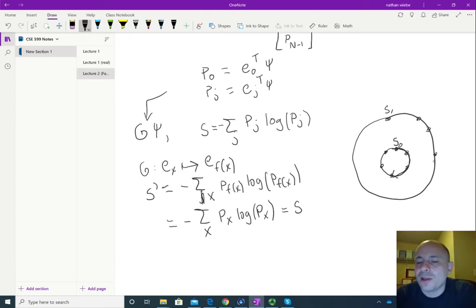And none of these operations whatsoever can possibly change the entropy. Okay, cool. Now, that's kind of wild, I think.